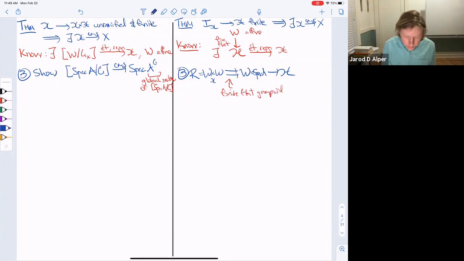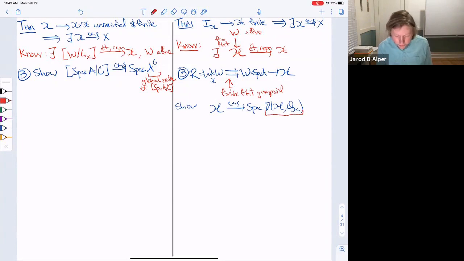What you need to show, and it's a very similar argument, is that the morphism from H to its global sections is a coarse moduli space. And keep in mind that the global sections here are identified with the R-invariants of the ring A, namely functions on A such that the two pullbacks are equal.